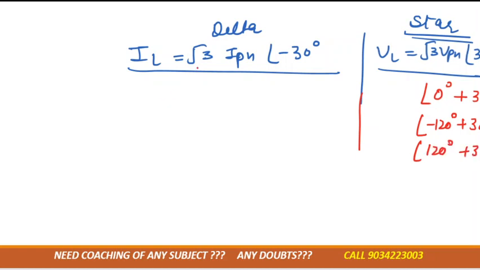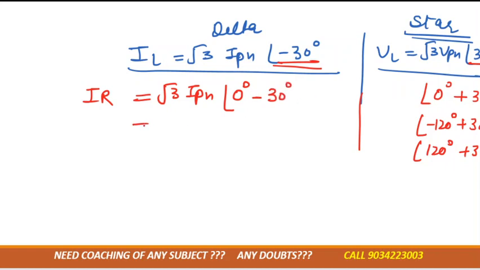But in this case, what will we do? Subtract or add? If it is positive, then we'll add. If it is negative, then we subtract 30. So IR is equal to root 3 IPH, the angle was 0 degree, so 0 degree minus 30 degree, root 3 IPH with angle minus 30 degree.